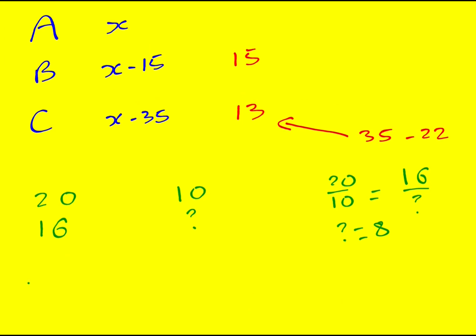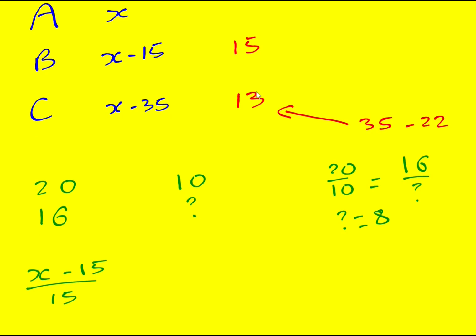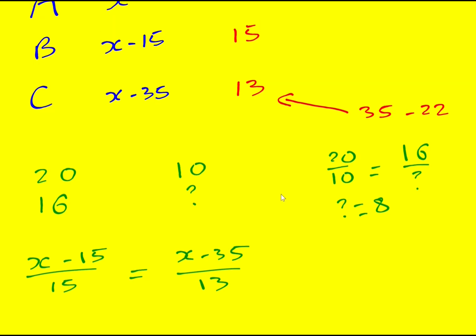It must be that x minus 15 over 15, that's how much longer it was to run the first period and the second period, must equal x minus 35 divided by 13, how much longer it took to run the first period here and the second period. They've got to be equal to one another. So I've created a fractional equation.